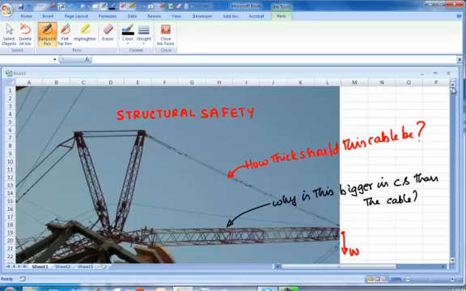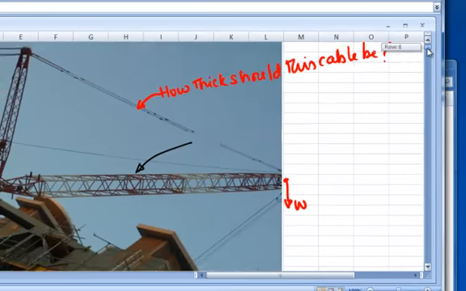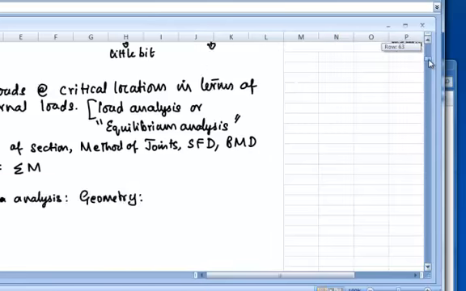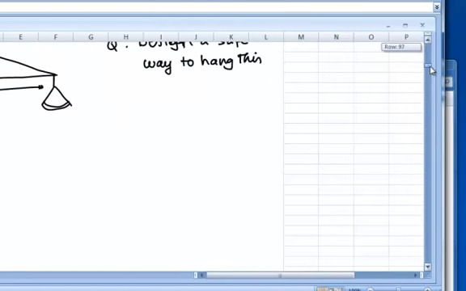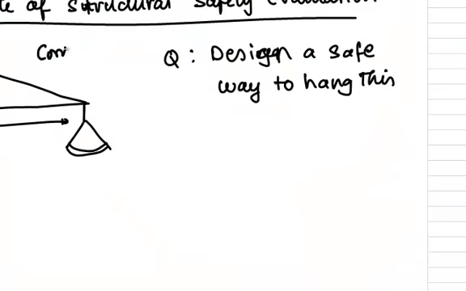It works exactly the same way. Here is the support, here is the main beam, and the weight is going to hang from there. So in a very fundamental way, hanging a searchlight off of this is very similar to hanging a big beam, like in a crane. So how are we going to do this? This is our design, this is our configuration.